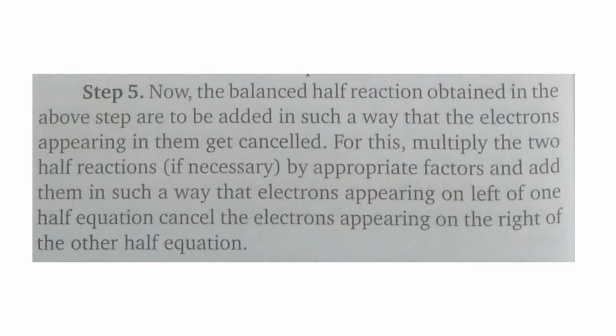Step number 5. Now the balanced half reactions obtained in the above step are to be added in such a way that the electrons appearing in them get cancelled.